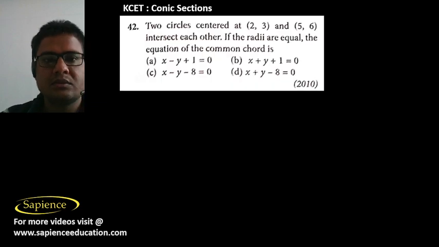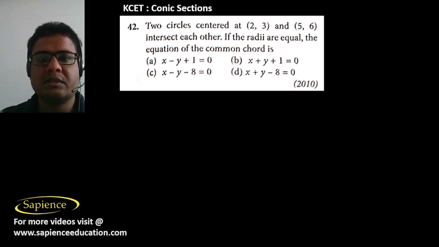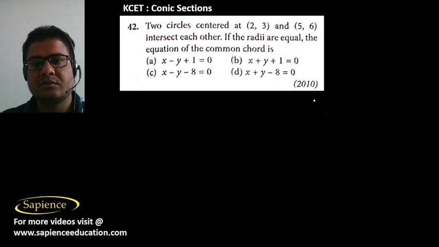Then it is told that two circles centered at (2, 3) and (5, 6) intersect each other. If the radii are equal, the equation of the common chord is. So there are two circles.